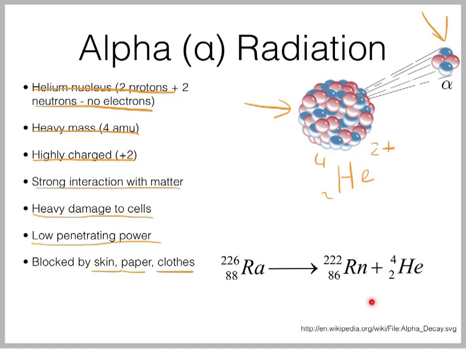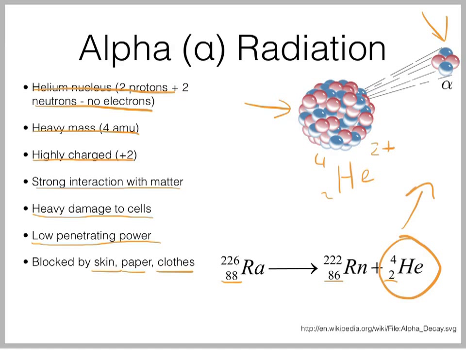Here we have a decay equation for the alpha decay of radium. So we've got our radium here, it has 88 protons. It's decaying to give radon. Now, radon has 86 protons, and what's left over is a helium nucleus. So the helium nucleus is given off, it shoots off, and we're left with radon, so the radium has decayed into radon.